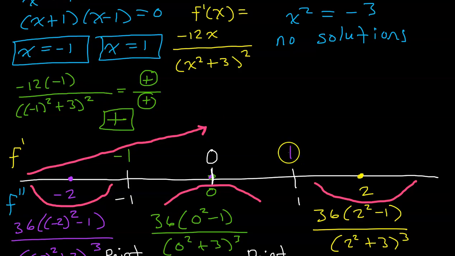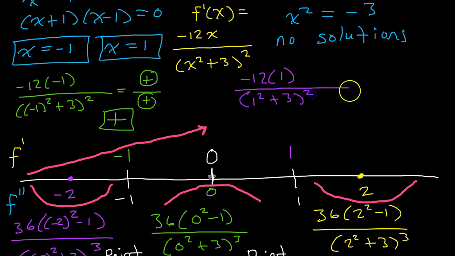Let's evaluate the first derivative at 1 for the second interval. So I'm going to have negative 12 times 1 over 1 squared plus 3 squared.